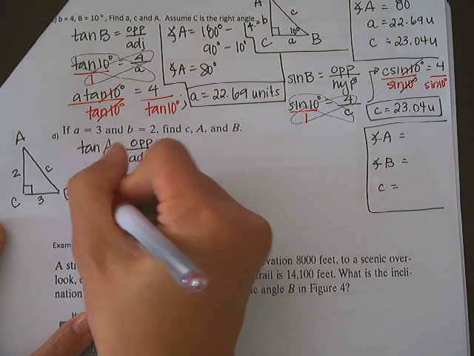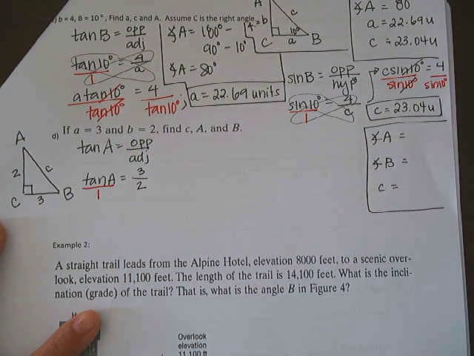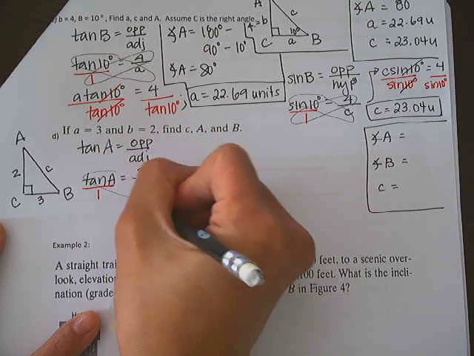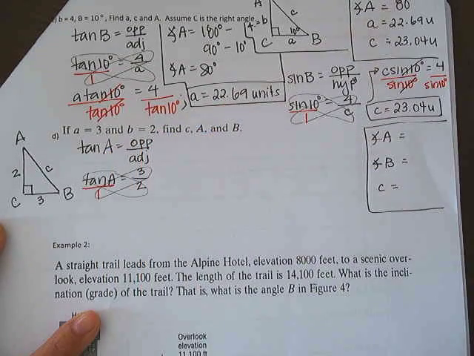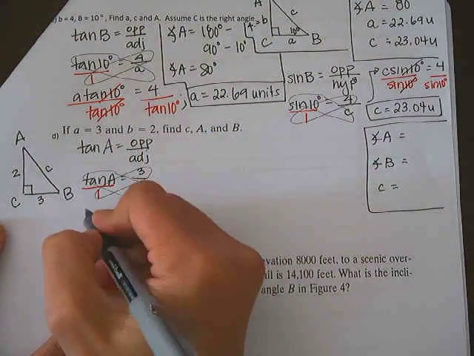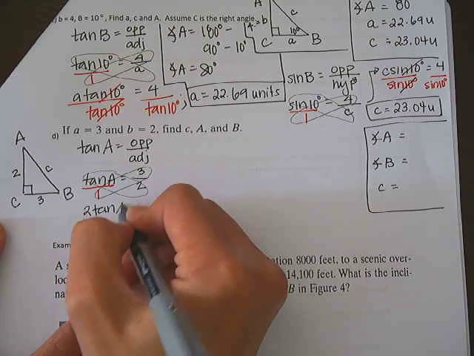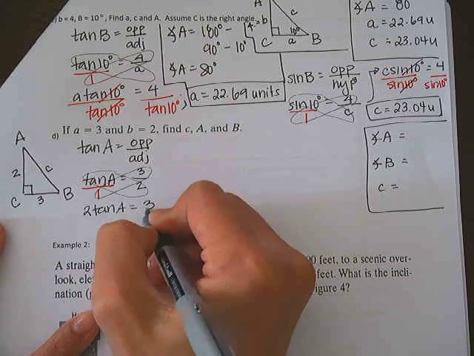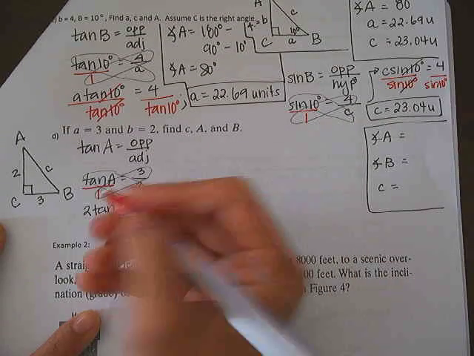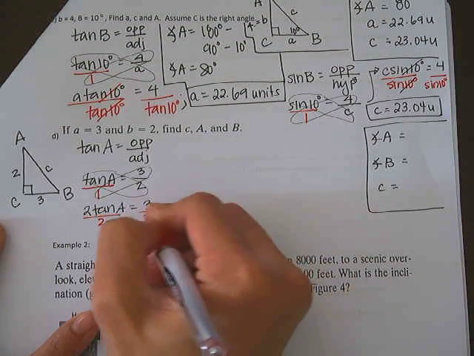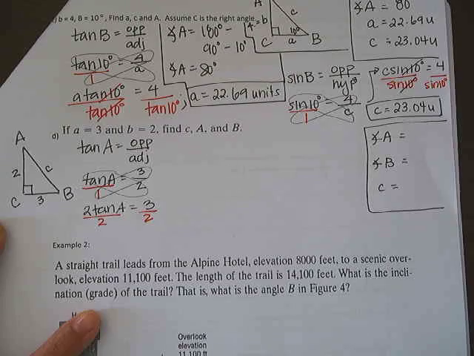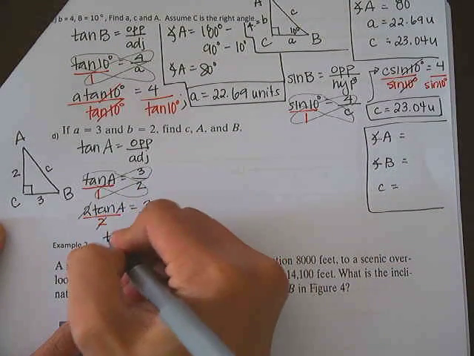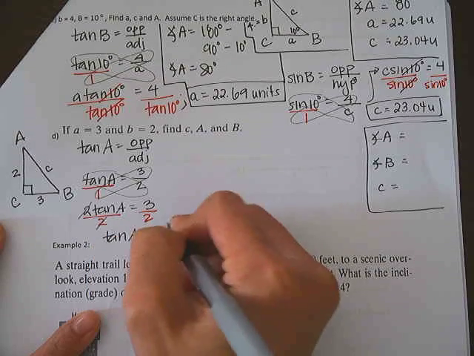Then from here, just like what we've done prior, we're going to cross multiply. So currently we have 2 times tangent of angle A equals 3 times 1, which is 3. And we're going to divide both sides by 2. Those two will cancel each other out. Now we have tangent of A equals 3 over 2.